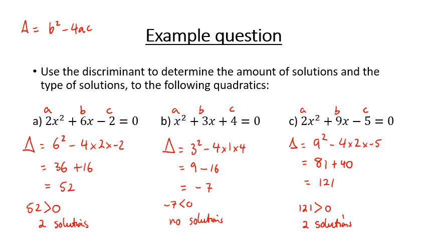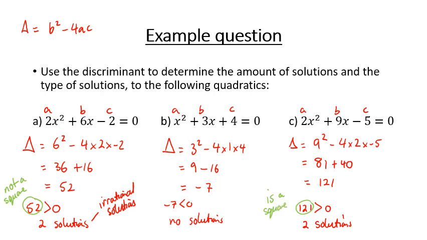Something to consider is that these two solutions are actually irrational solutions. The reason for that is because this number here is not a square number. Whereas if we look over here, 121 is a square.